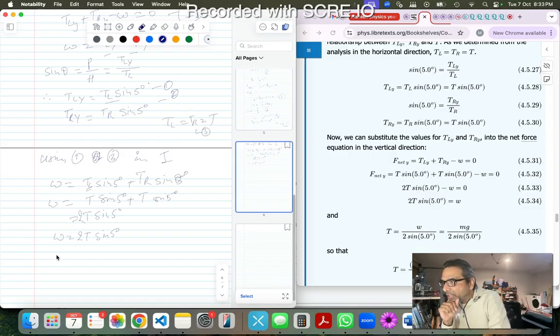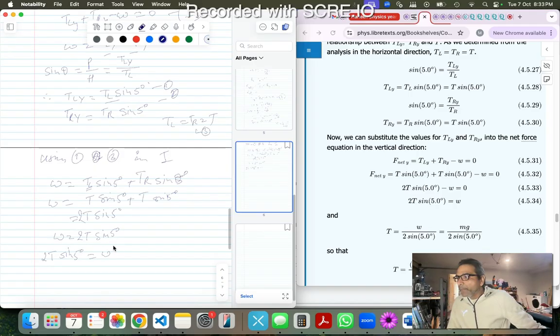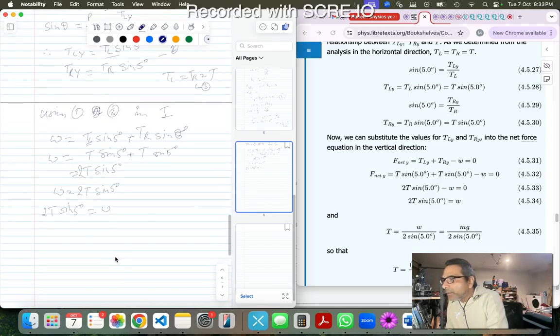So now the tension is our subject, right? So 2T sine 5 is equal to W. Now T is equal to W over 2 sine 5 degree.